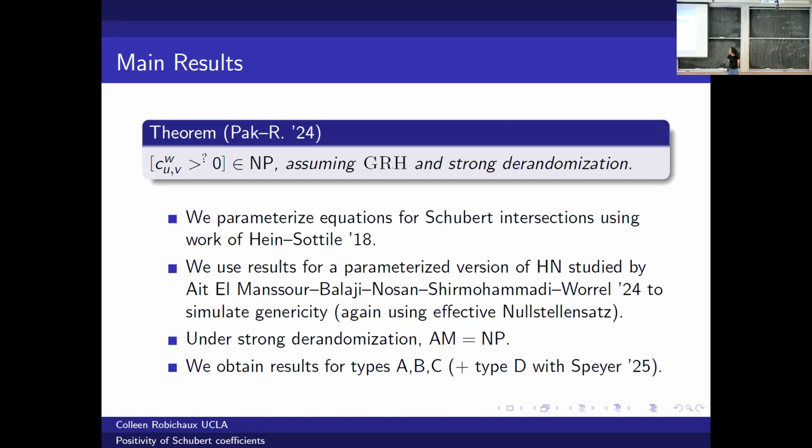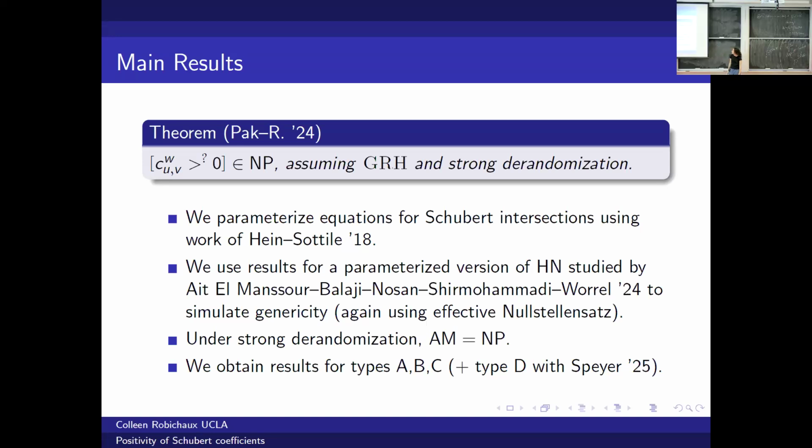But we do. And so we show that this problem of deciding if the Schubert intersection is empty or not is in NP. You can actually get some polynomial time check with some certificate that there is actually a flag in this Schubert intersection generically. But we need not only a $1 million hammer, but $2 million hammers.